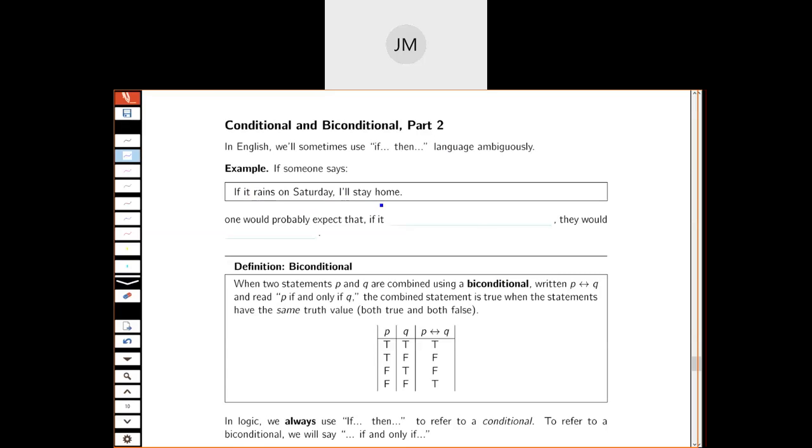One would probably expect that if it doesn't rain, then they would go out. So when we say, if it rains on Saturday, I'll stay home, that's not really the same as an if-then statement, because it has another meaning that people probably meant. They probably meant, if it rains on Saturday, I'll stay home, and also, if it doesn't rain on Saturday, I'll go out.